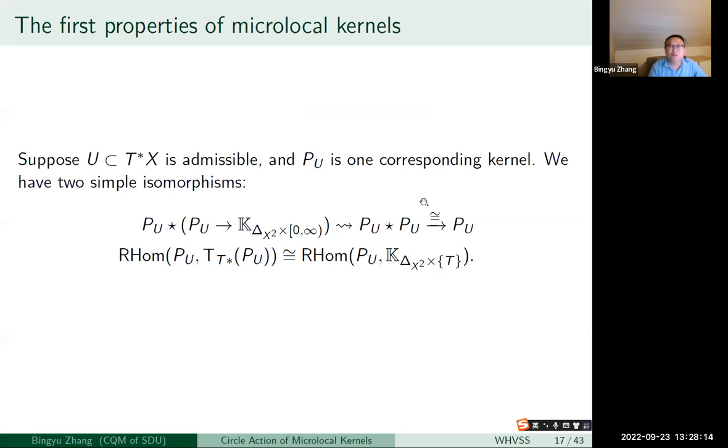Okay. I would like to tell you the central property I need: since PU is a projector, it means that the functor squared is idempotent, and then the kernel, as some kind of a matrix, we can also prove the kernel itself is also idempotent in this way.